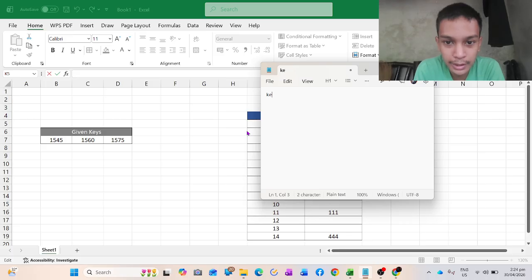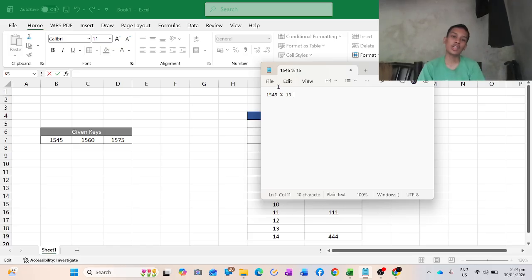So we're going to put it like this: 1545 modulo 15. How are we going to find the remainder? We need to divide this. 1545 divided by 15 is equal to 103, and since there's no remainder, our remainder is 0.